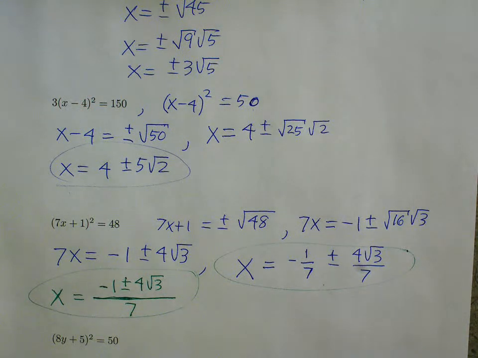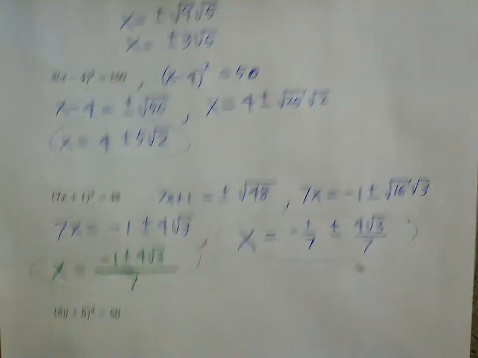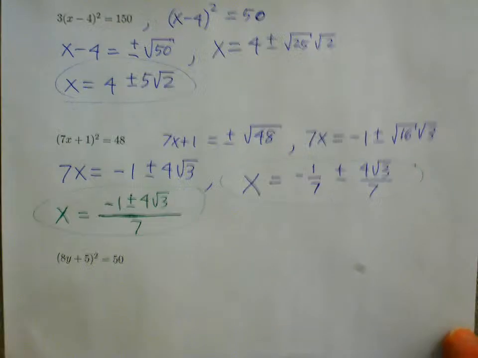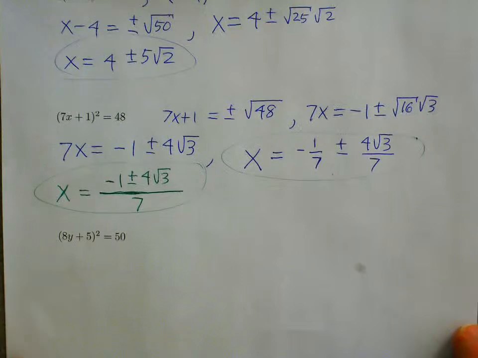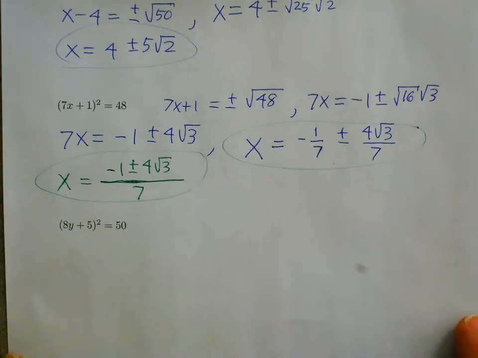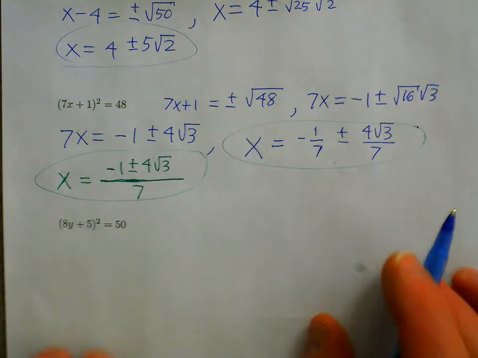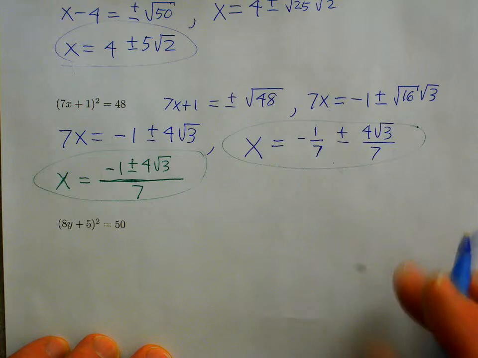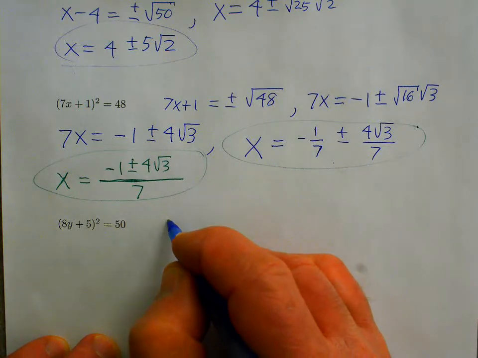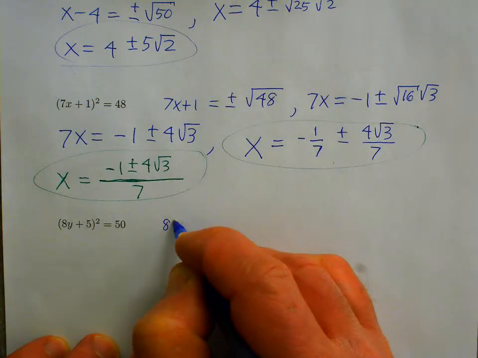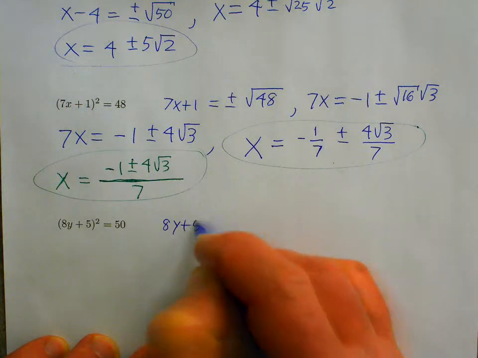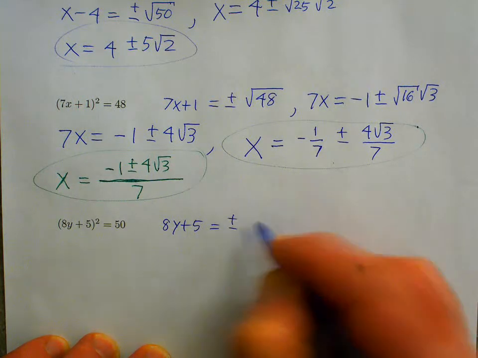Okay, the next one is a similar type of process. We have the binomial 8y plus 5 squared, and that's equal to 50. So we apply the square root property, and we get 8y plus 5 equals positive and negative square root of 50.